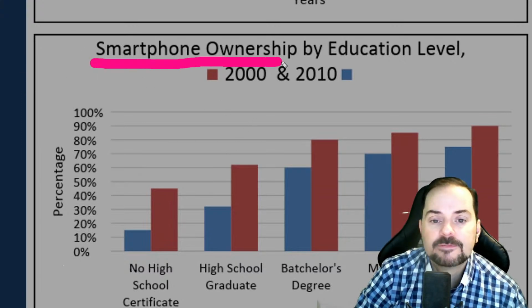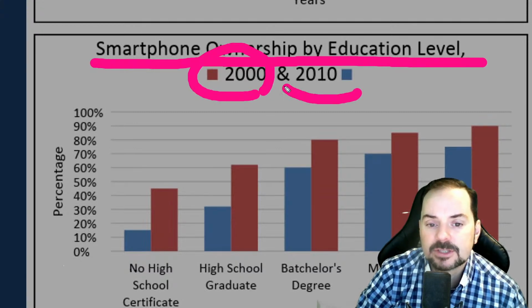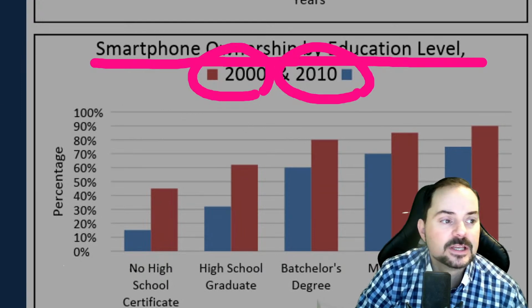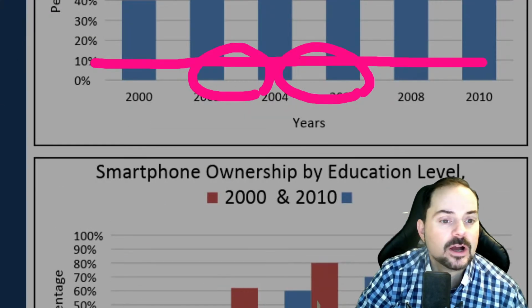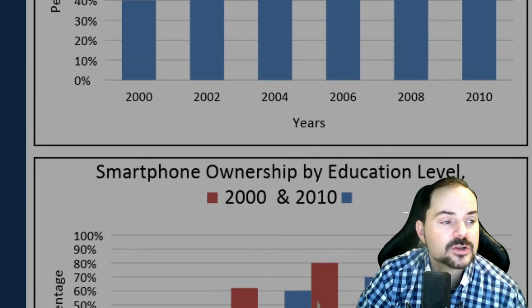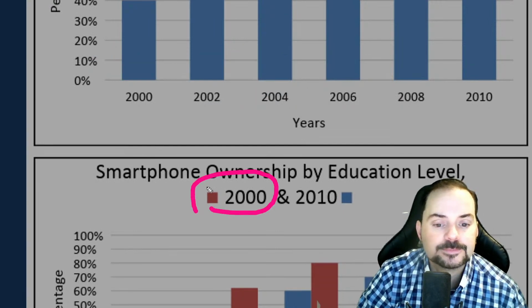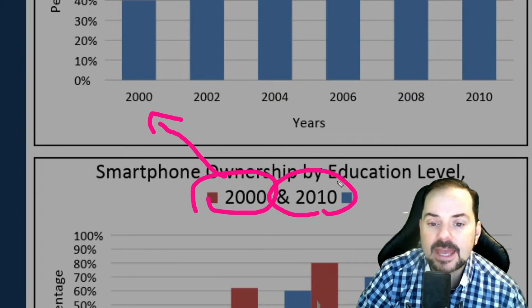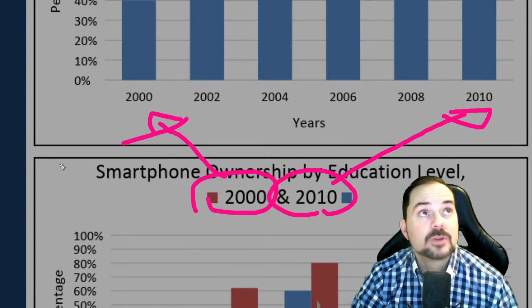So we've got smartphone ownership by education level, and here we've got 2 time periods, 2000 and 2010, which is obviously reflective of the starting period of the previous graph and the end period, so the last year of the previous graph.